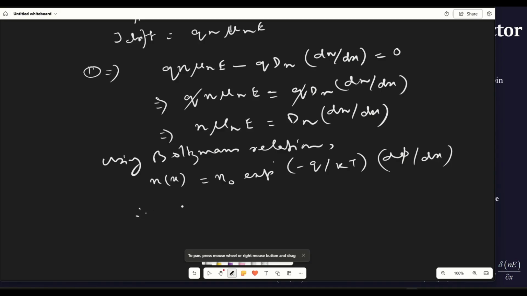Now if we take the differentiation, dn/dx will be equal to n(x) times the derivative of the exponent, as the e to the power term will get eliminated.